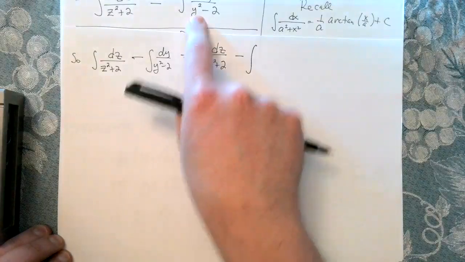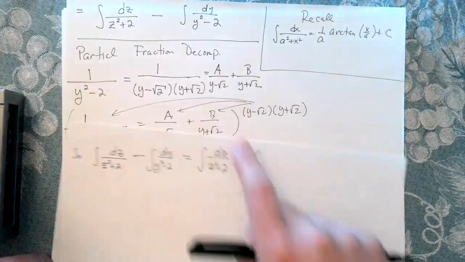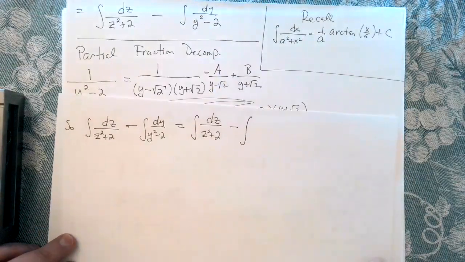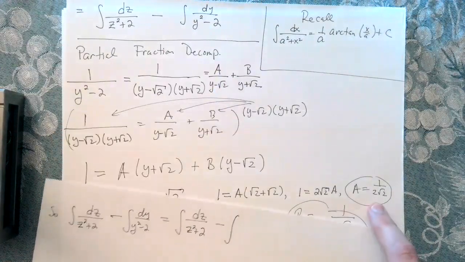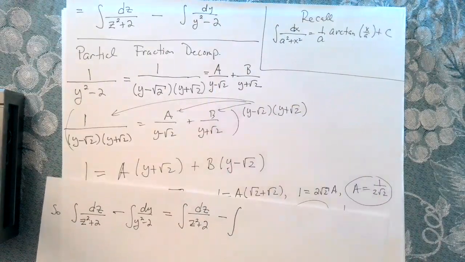Okay, so this is going to get replaced by what we got in the decomposition. So we had a over y minus radical 2, but a was exactly this. So a over this over this.